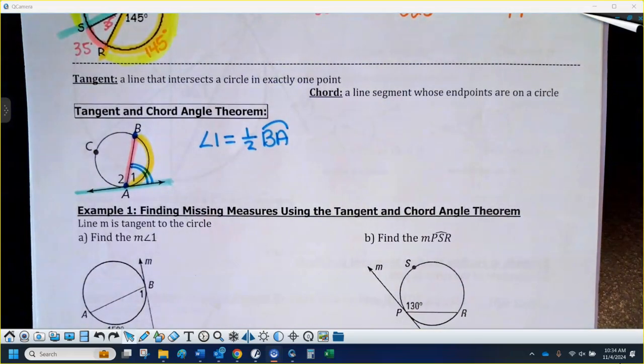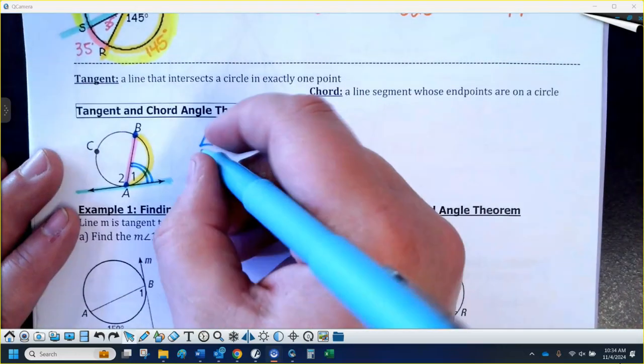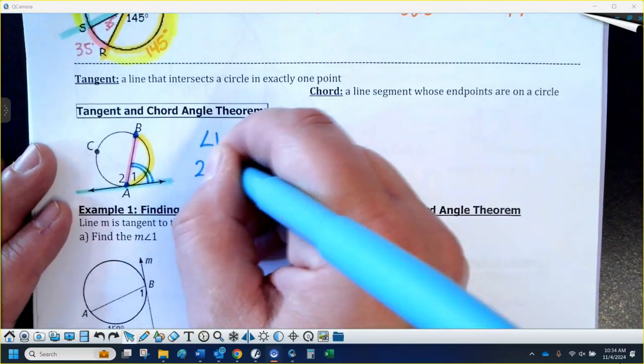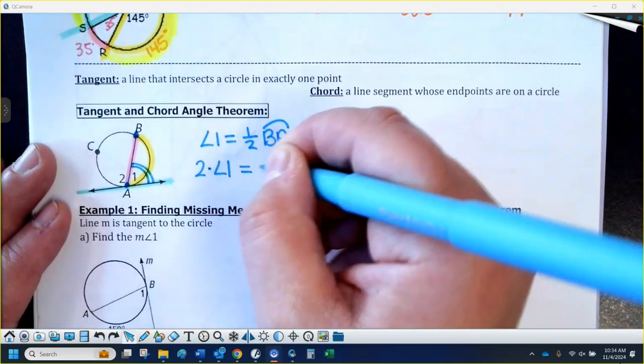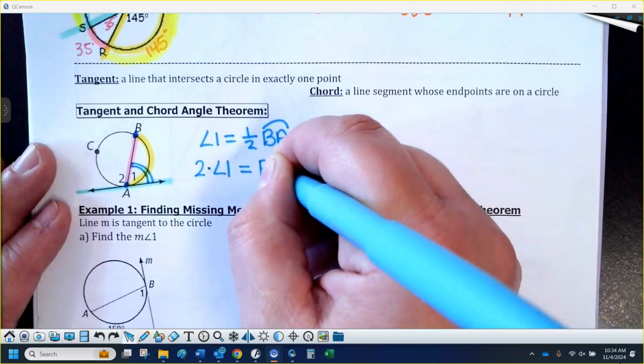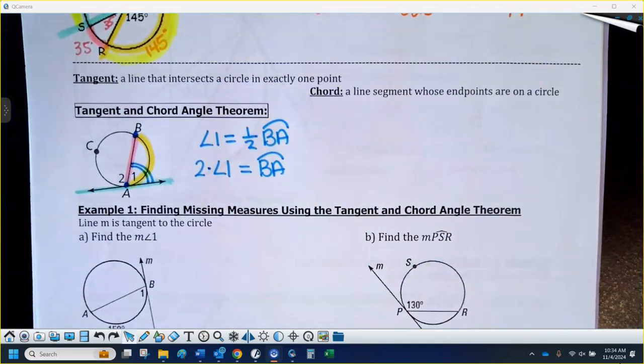So if you know the arc, you can cut it in half and get the angle. And the other relationship, if I do 2 times angle 1, that would give me the measure of the arc from B to A. So it depends on which one you know. If you know the arc, cut it in half to get the angle. If you know the angle, you just multiply it by 2 to get the arc.